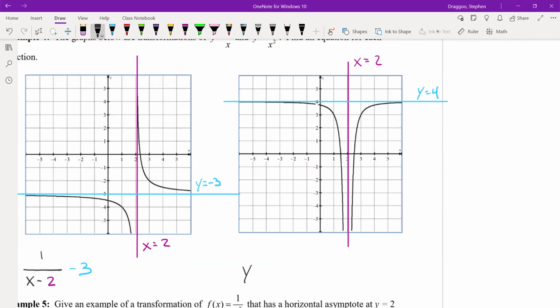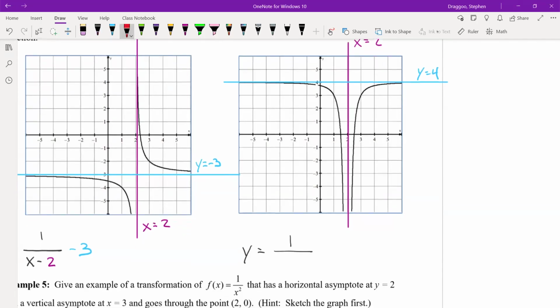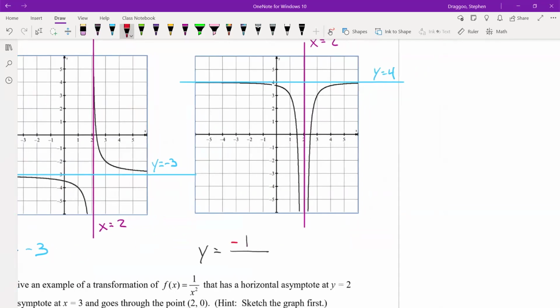I'll again write down an equation. This one should look like 1 over x squared, since both of those hyperbolic shapes are on the same side of the horizontal asymptote, but this time it's going down. So I must have a reflection in this graph.